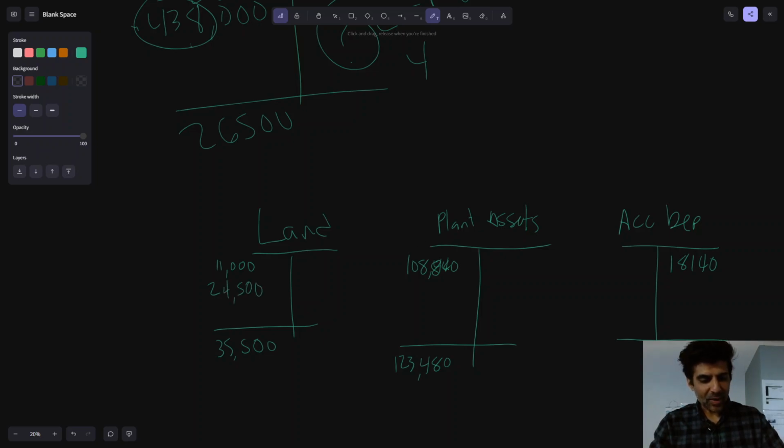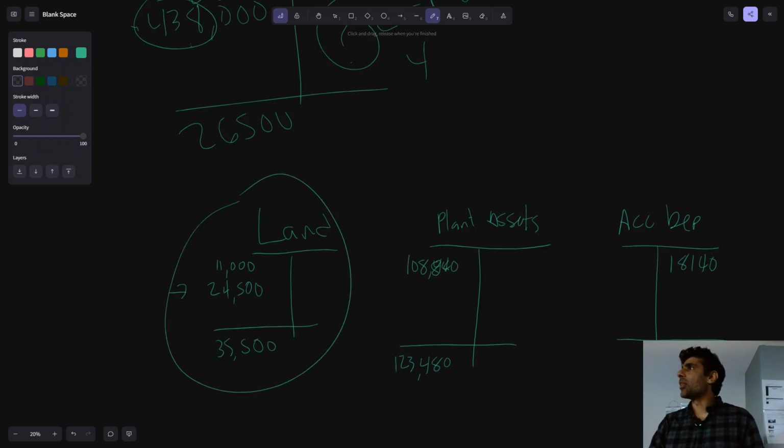So this ties. We don't have to include this in the cash flow section because it was financed with the notes payable. But at least for this land account, we can see that there are no other additional land purchases because it is fully accounted for by this non-cash investment in land.